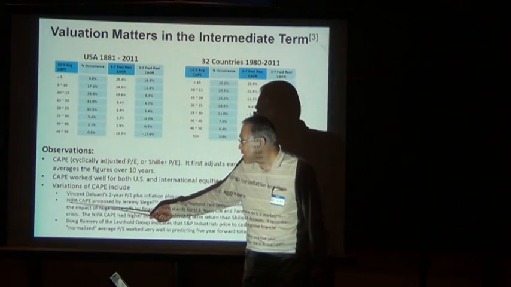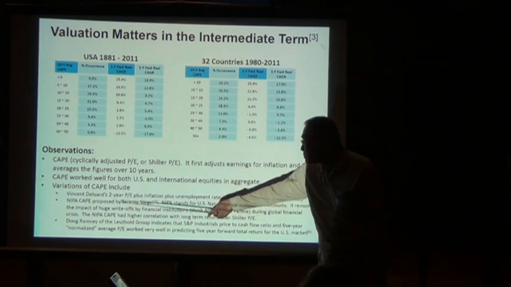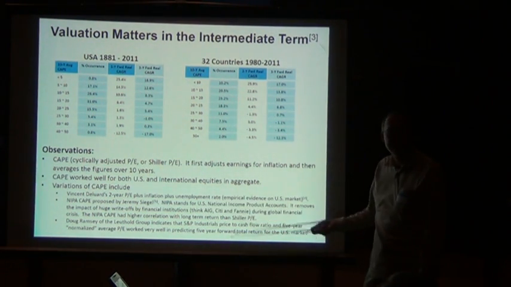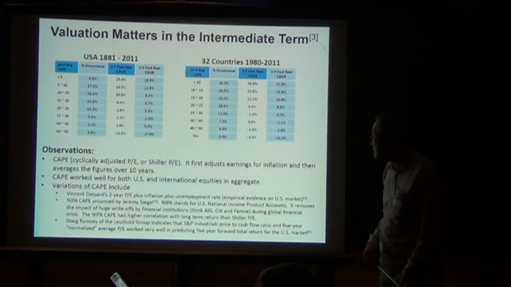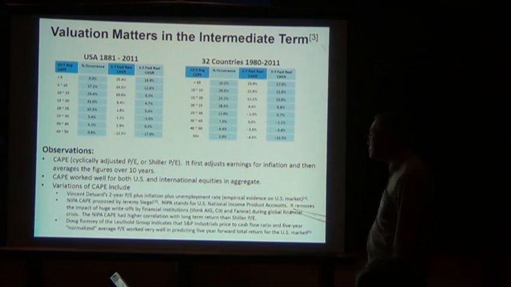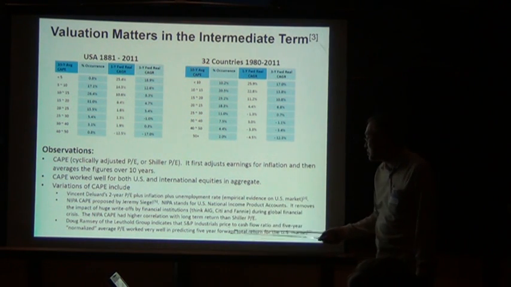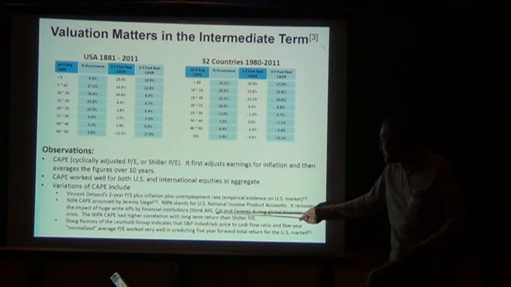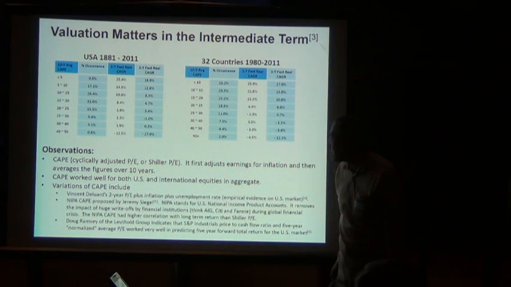There's something fairly new called NIPA CAPE. Okay, it's proposed by Jeremy Siegel, the Wharton professor. NIPA stands for U.S. National Income and Product Account. It removes the impact of huge write-downs by financial institutions. Think about AIG, Citi, and Fannie during the global financial crisis.